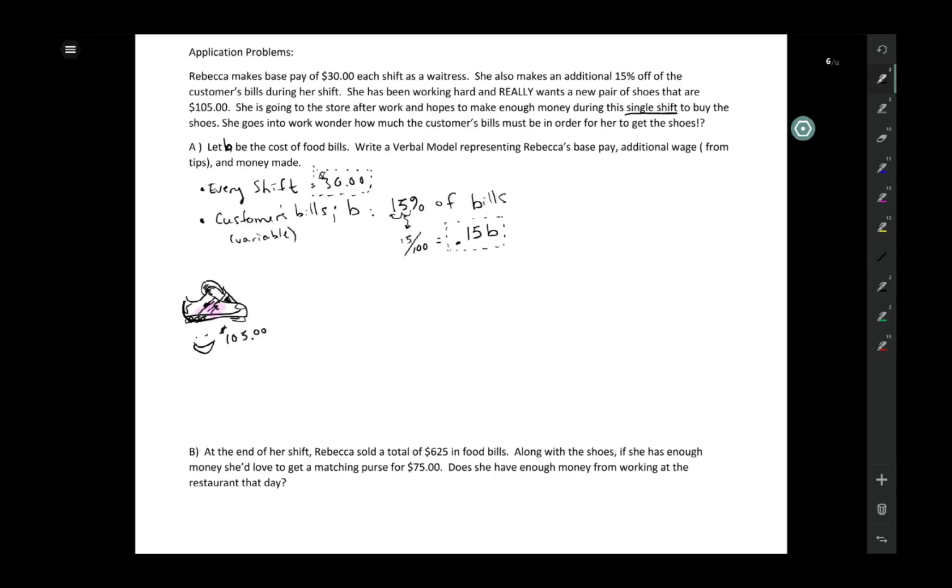Write a verbal model representing Rebecca's base pay. Verbal model. Okay. Again, we kind of did this. She makes every shift $30 plus 15% of the customer's bills.